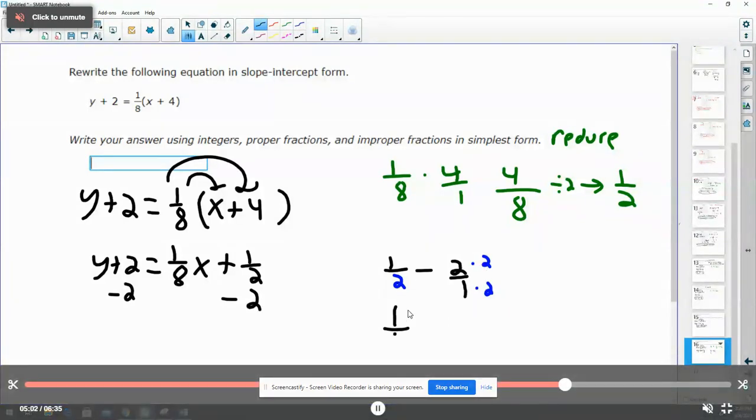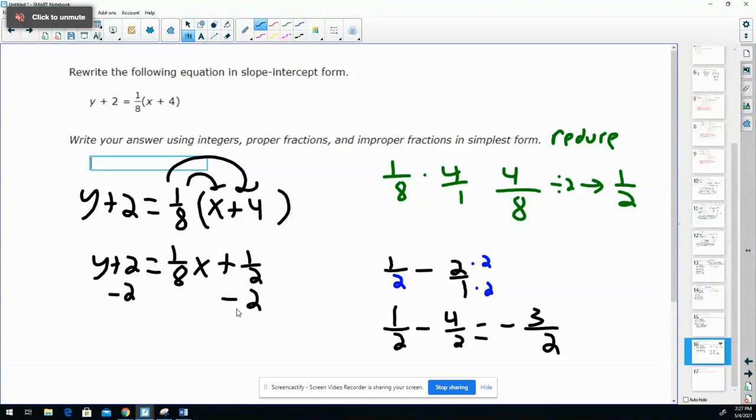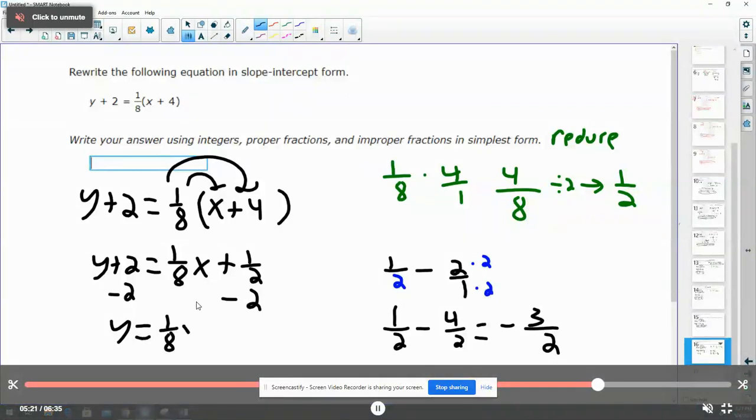So we have 1/2 minus 4 over 2, which would be negative 3 over 2. Sorry, not your greatest common, your smallest common factor. We have 1 over 8x minus 3 halves.